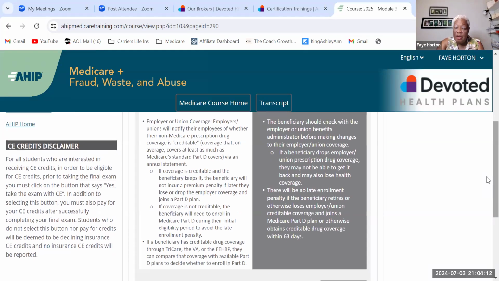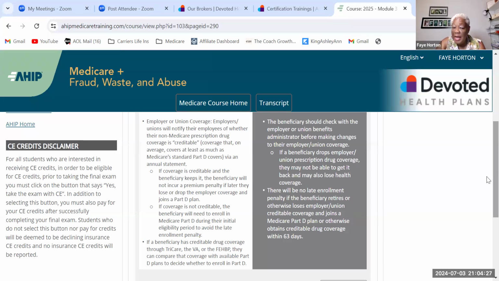If coverage is not credible, the beneficiary will need to enroll in a Medicare Part D plan during their initial eligibility period to avoid the late enrollment penalty.